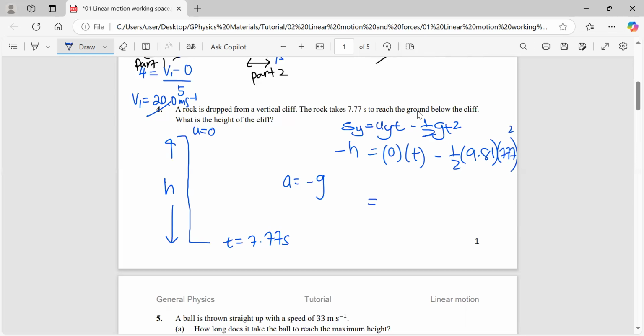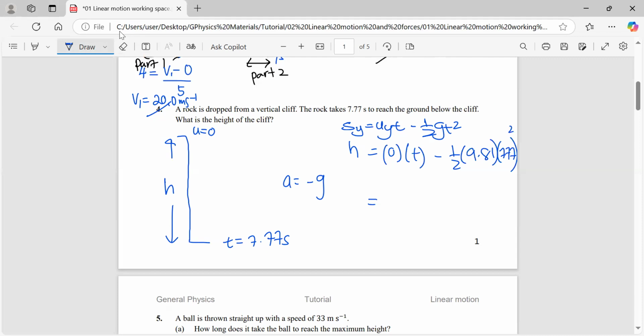So you work out your answer. So you will get a negative. Even if you didn't put a negative here, it's also fine. Your answer will end up giving you a negative, which shows the displacement is a downward displacement.